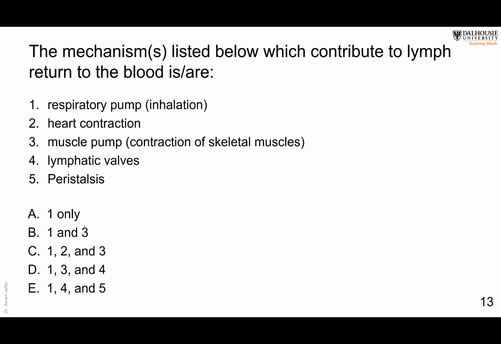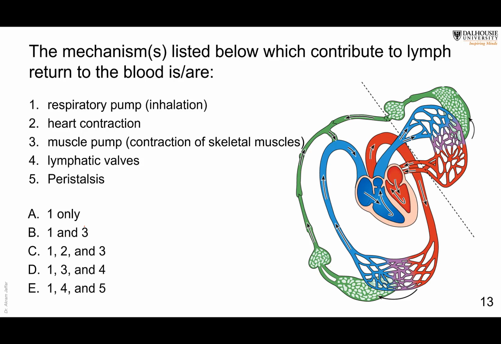The mechanisms listed below which contribute to lymph return to the blood are respiratory pump, inhalation, heart contraction, muscle pump, contraction of skeletal muscle, lymphatic valves, and peristalsis. As we know, most of the lymph of the body is drained from the lower extremities and the abdomen and goes up to drain into the venous system, as you can see here.